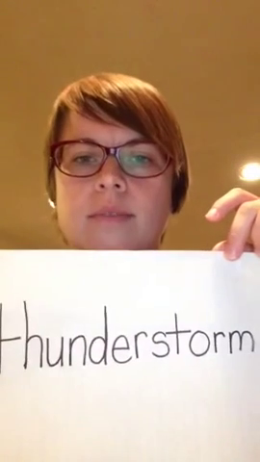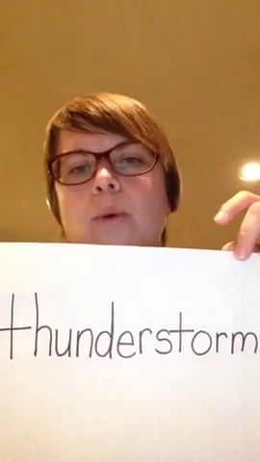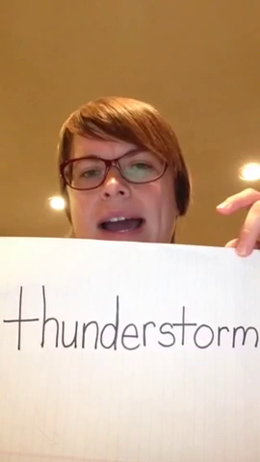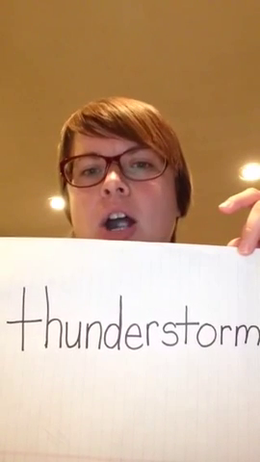So here's this word. This is the word thunderstorm. Take a minute with your thunderstorm and see if you can place, using your highlighter, a mark between the syllable breaks. Thunderstorm.